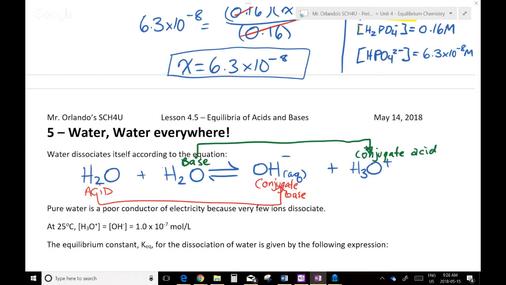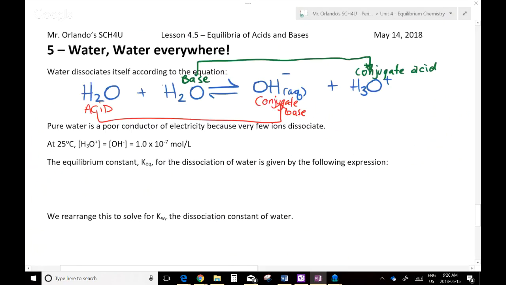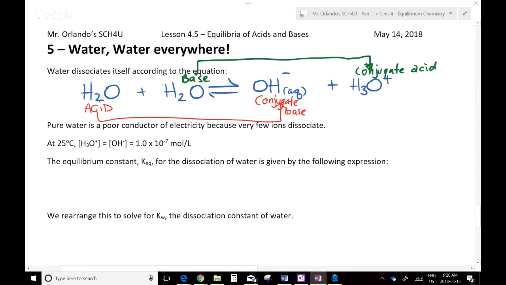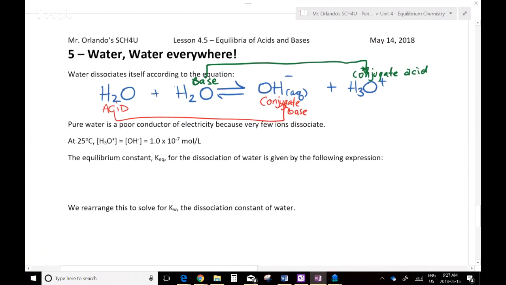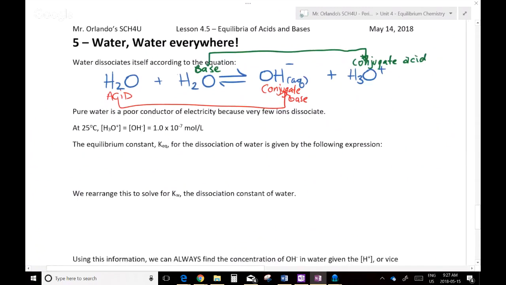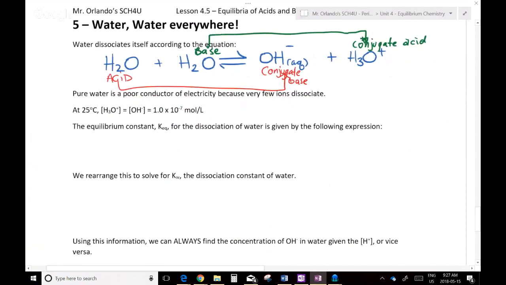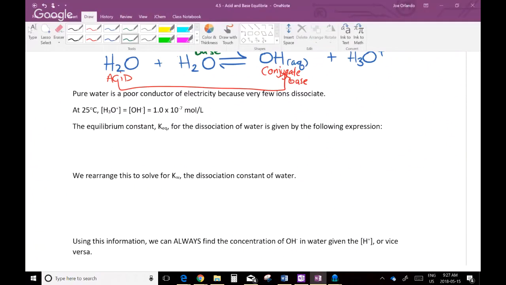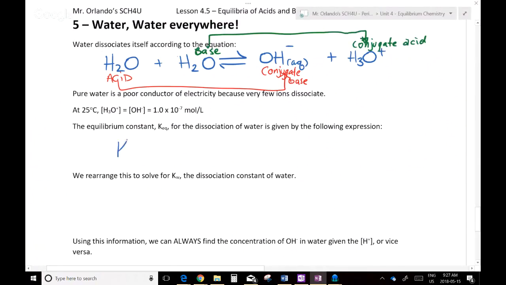Today we're going to answer one of what, to me, until I learned this, was one of the great mysteries of science, which is, why the hell is the pH of neutral water 7? What does that number mean? Because what would the KEQ of this be? For this reaction, what is the equilibrium concentration?